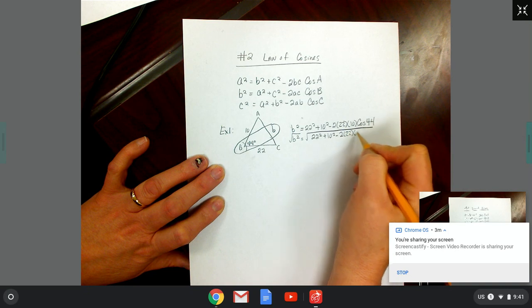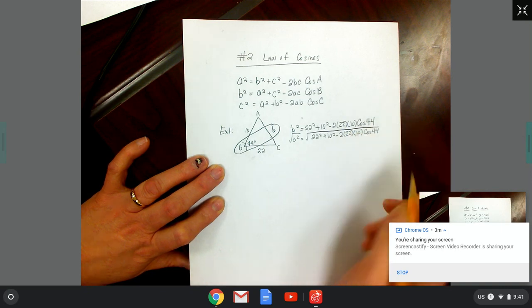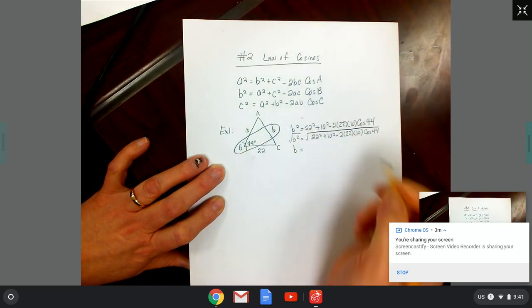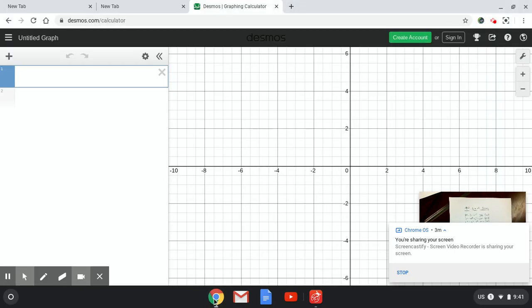Now, if you have a graphing calculator at home, you can type it in just like that and it should spit out the answer. But most of us may be using Desmos, so I want to show you on Desmos how we can type that in. It's a little bit more challenging for Desmos.